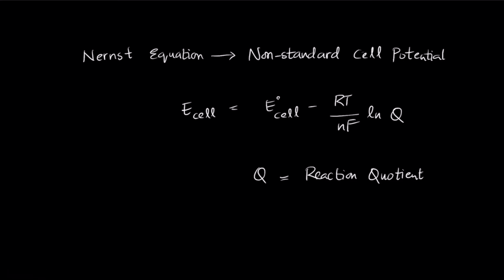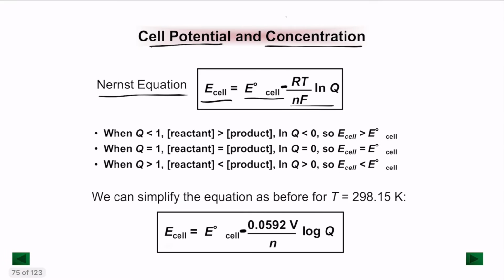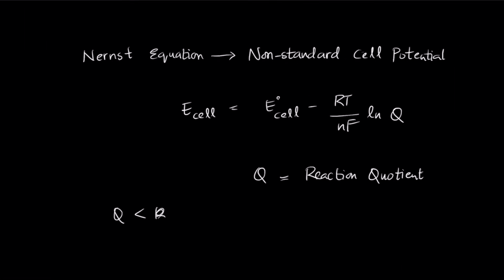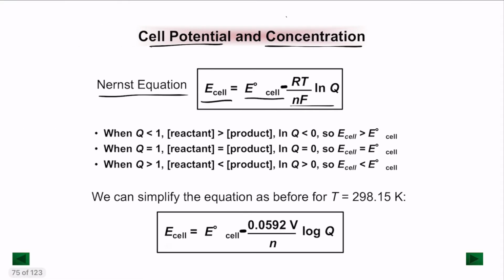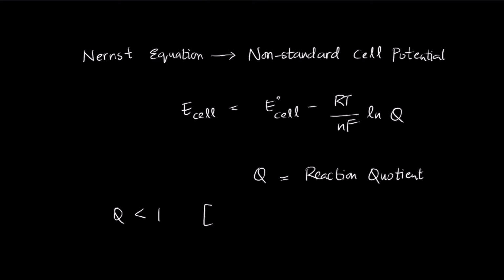Now, if Q is less than 1, the reactant concentration is greater than the product concentration.